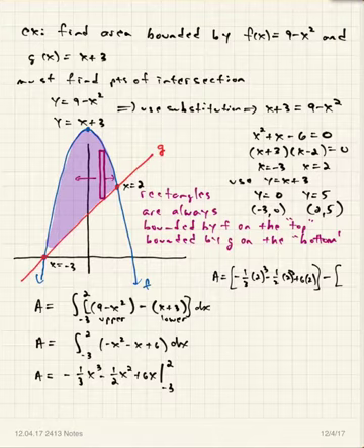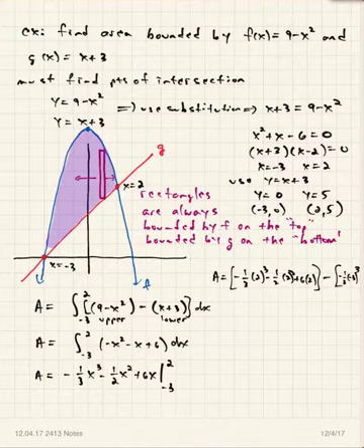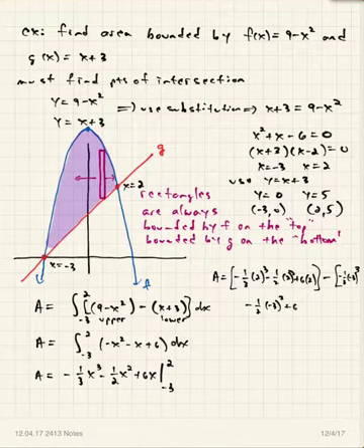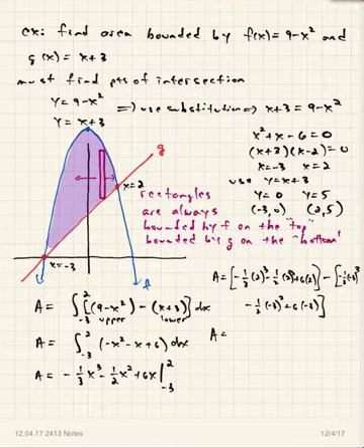So you have negative 1/3 times negative 3 cubed minus 1/2 times negative 3 squared plus 6 times negative 3. The more careful you are about plugging these numbers in when you're using the fundamental theorem like this, the less chance you have of making a careless error. I see all sorts of careless errors in these kinds of arithmetic problems here.